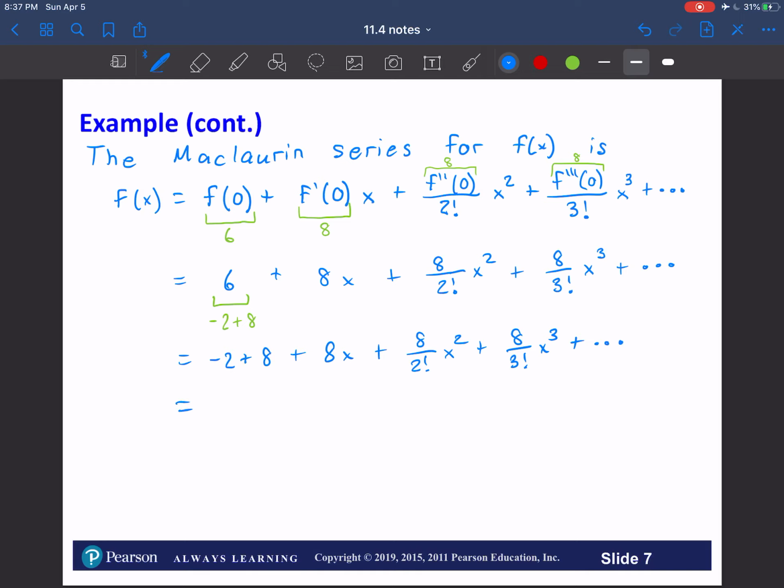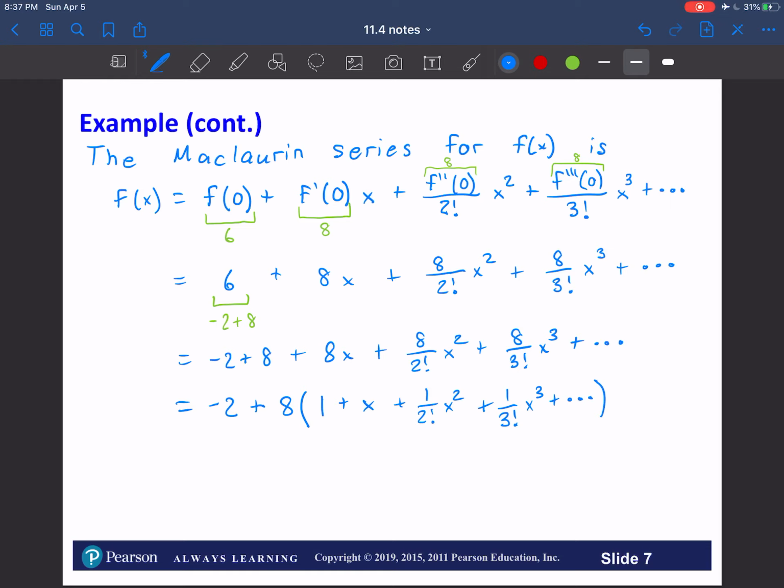And so now let's factor out an 8 from all of the terms that have an 8. So we can write it as 8 times 1 plus x plus 1 over 2 factorial x squared plus 1 over 3 factorial x cubed plus blah, blah, blah.